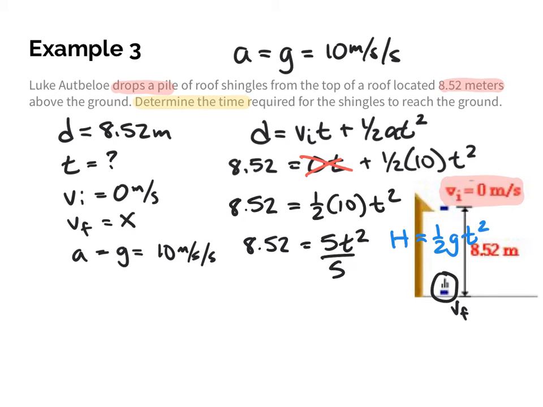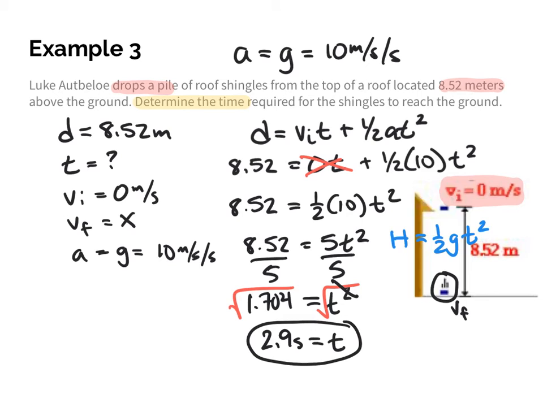I then divide both sides by 5 to get t squared equals 1.704. To solve for t, the last thing is to take the square root of both sides to get t by itself. Then I get t equals approximately 2.9 seconds. That's a little bit rounded, but 2.9 seconds would be the time it takes for those shingles to hit the ground.